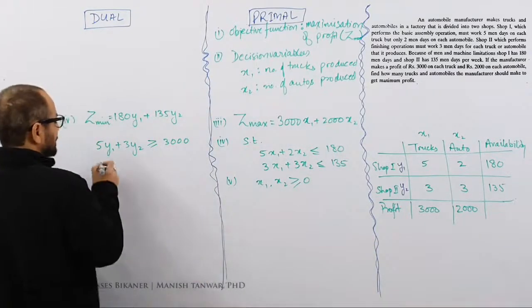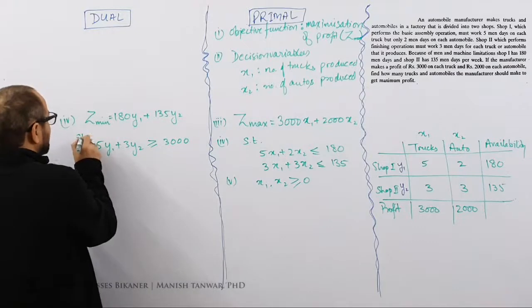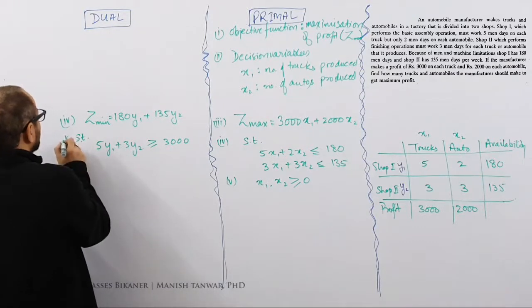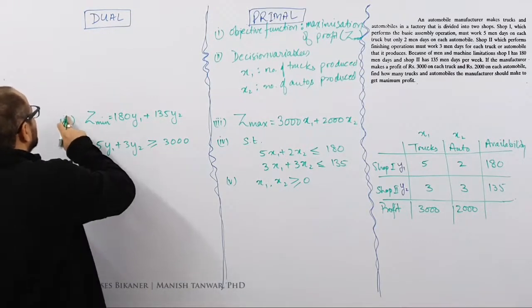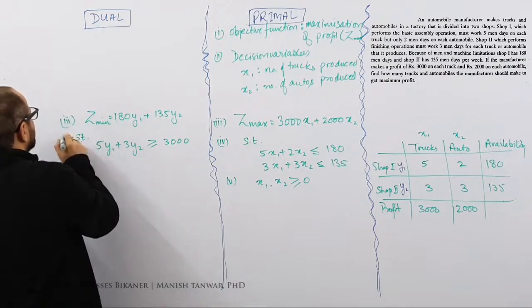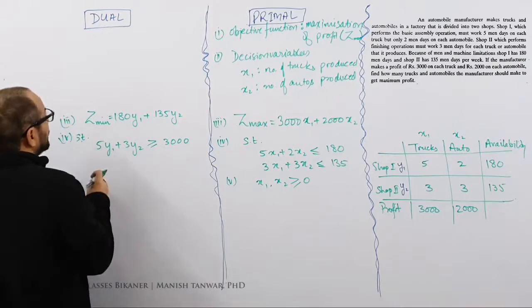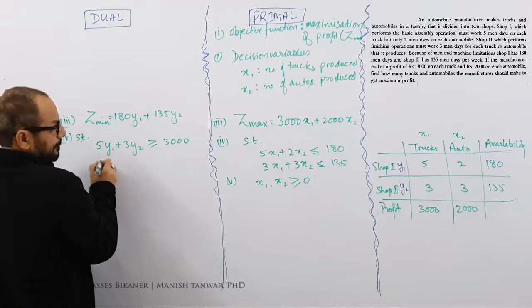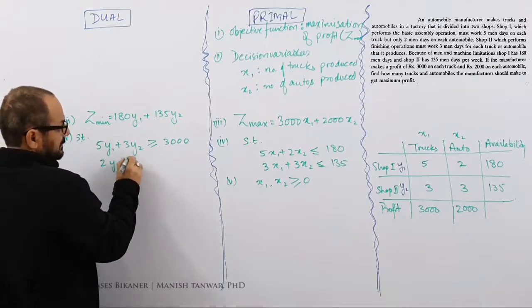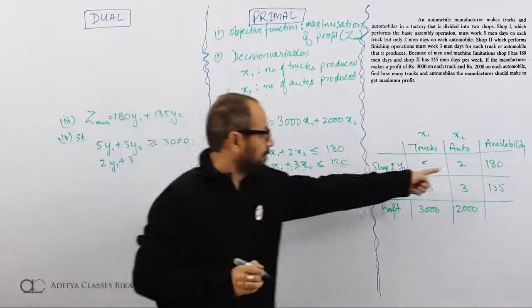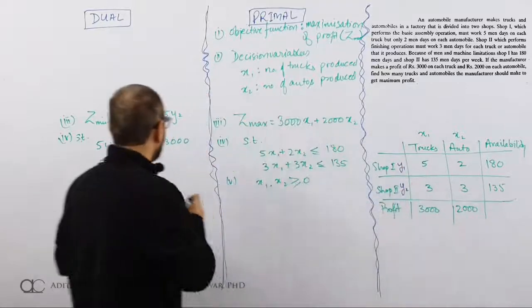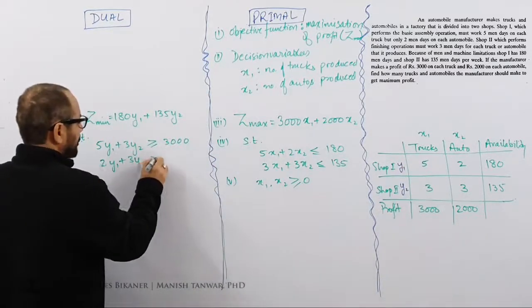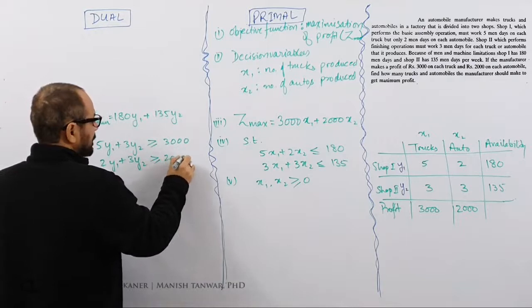Same is with the second case from the auto department. This was our third step, this is our fourth step. I should be getting 2y1 plus 3y2 more than 2000.